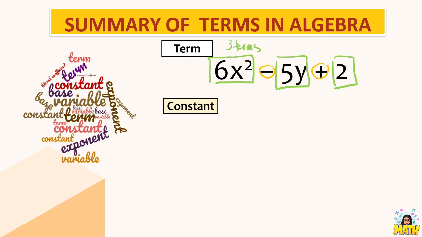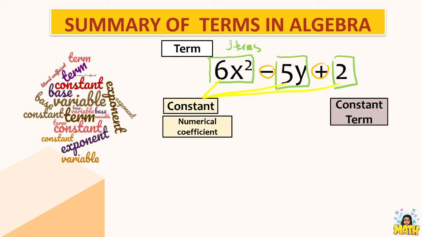Another, we have what we call the constant. So constants are numbers which have exact value. So here we have 6, 5, and 2. We also call it the numerical coefficient, or ito yung mga numbers in each term. And meron din tayong special term which is called the constant term, na kung saan wala siyang katabing variable. This term alone is a constant term.